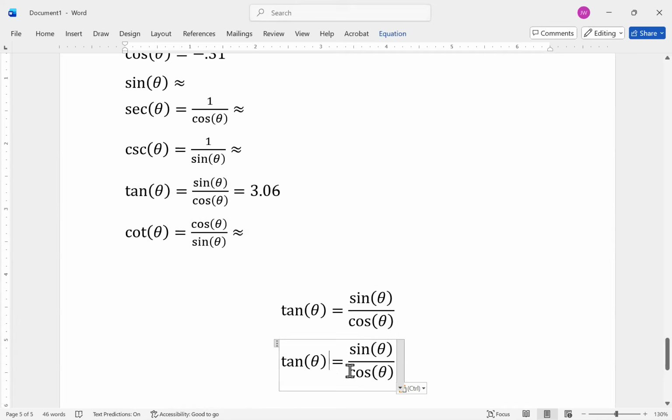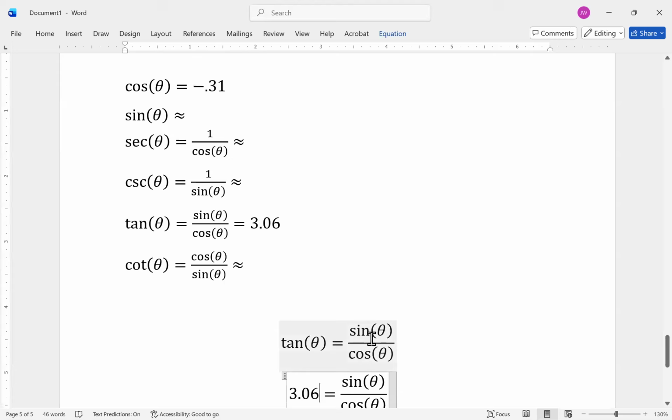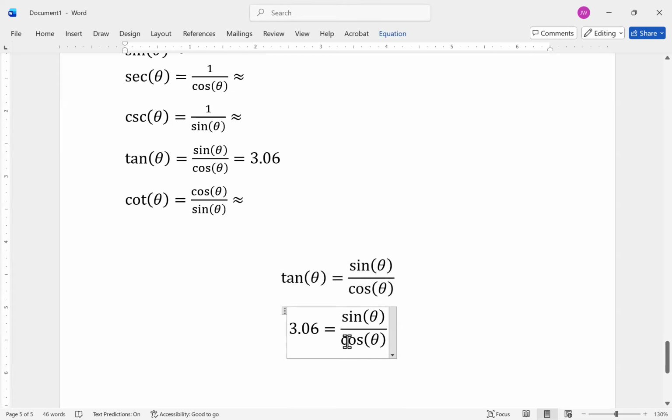If I know tangent of theta is 3.06, and I know cosine of theta is negative 0.31, then I can multiply both sides by negative 0.31 and come up with the value for sine of theta.